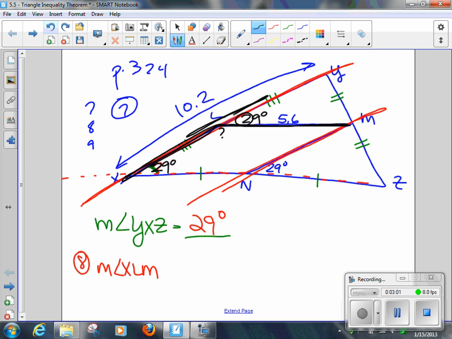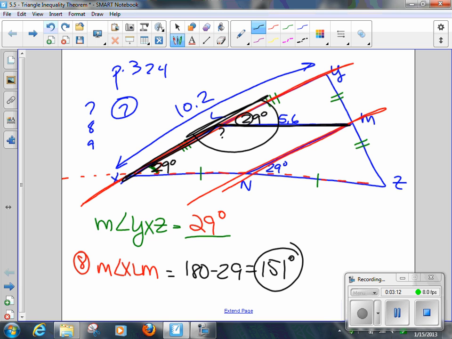What is that right there? Linear pair. 180 minus 29, which is 151 degrees.